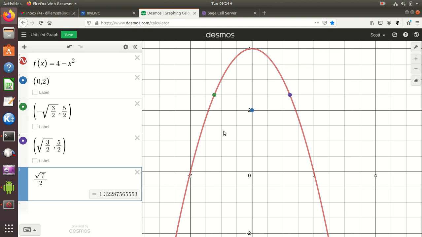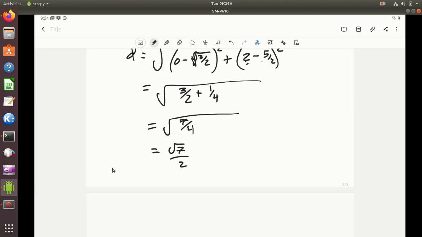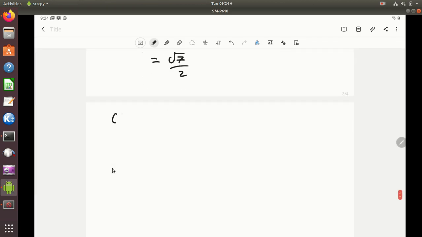And now what I'd like to do is actually change our point from 0, 2. Let's move it over here to 1, 2. Okay. So we're going to change to the point 1, 2.